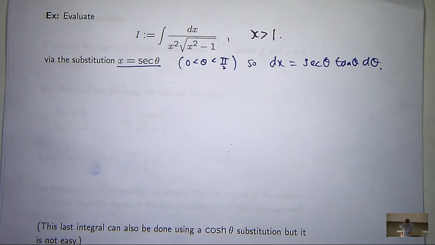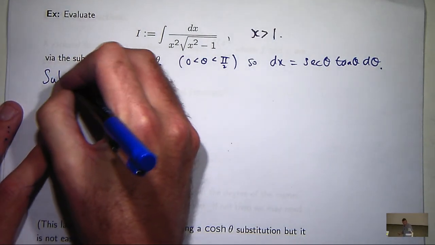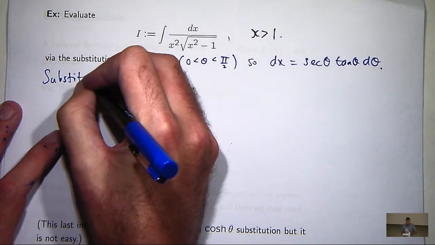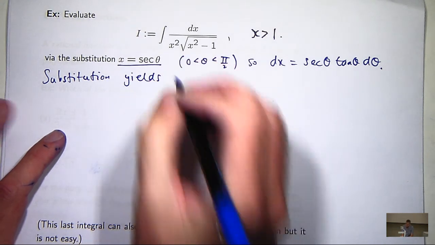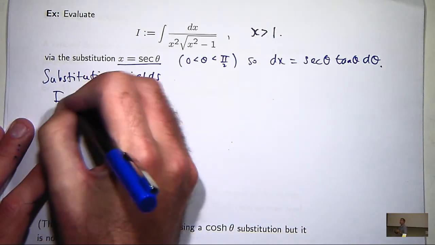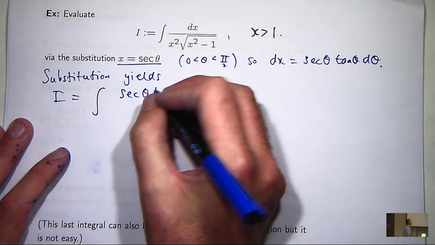All right, so we're going to have sec theta, tan theta, d theta up the top. Down the bottom, I'm going to get something like this. Now, I can manage the square root sign away just by replacing sec squared minus 1 with tan squared.